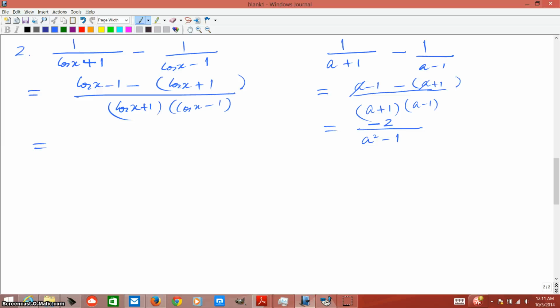So it comes out to be cosine square x minus 1, and in the numerator it comes out to be negative 2. Notice what happens this time. So cosine square x minus 1, it's a very common tendency for students to write down sine square x, but whether it's right or wrong, I'll verify that.